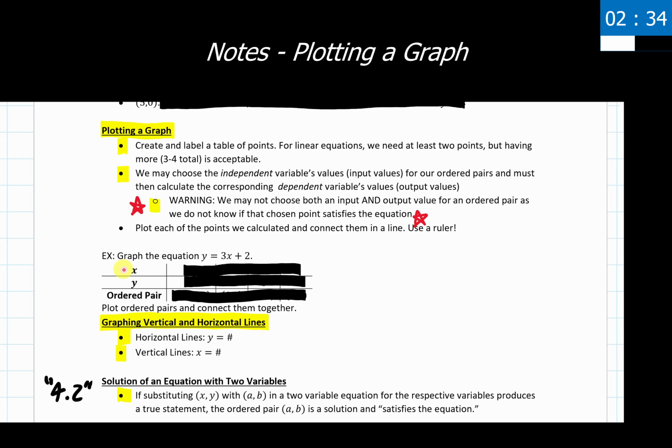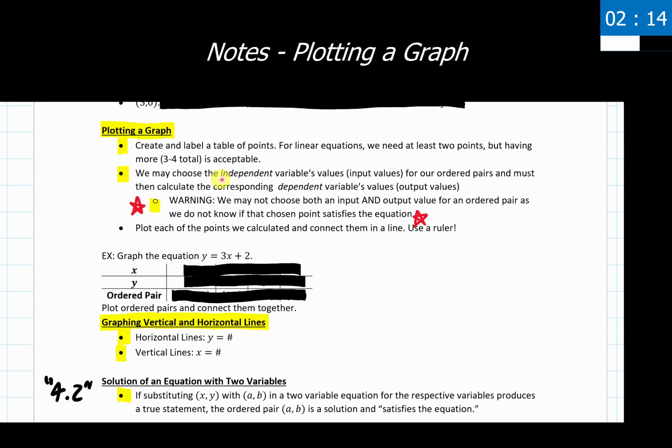Maybe you want to use something like negative 5,268.73. Maybe you want to use the number 1 million. It is entirely your choice on what input value you would like to use for this ordered pair.